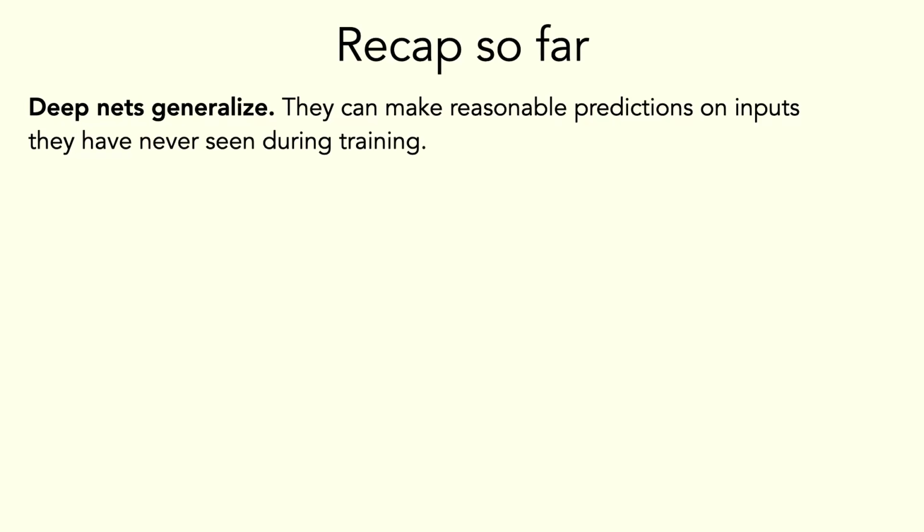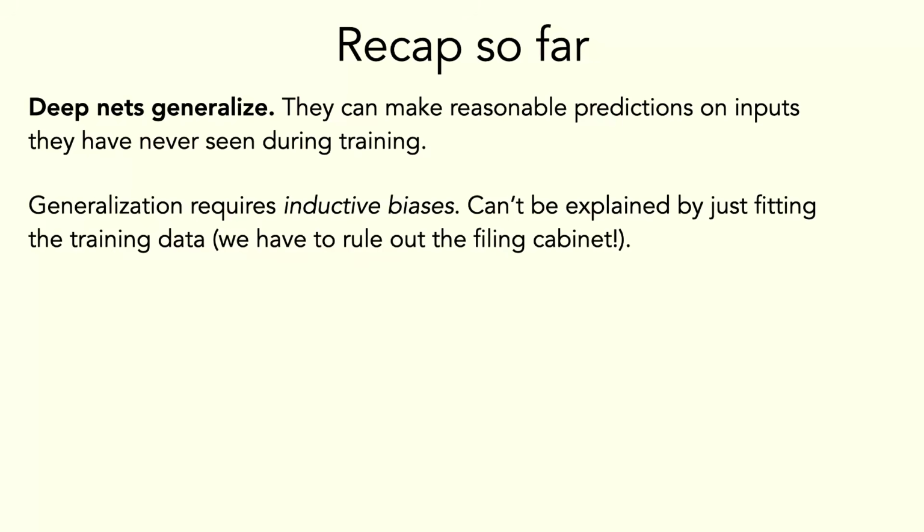They can make reasonable predictions, often accurate predictions, on inputs that are not in their training data. And you can even show this for large language models, where they've been trained on so much data that you can make a counting argument that they still can't possibly be just memorizing. They have to be doing some generalization. Generalization, just from first principles, requires some kind of inductive bias.